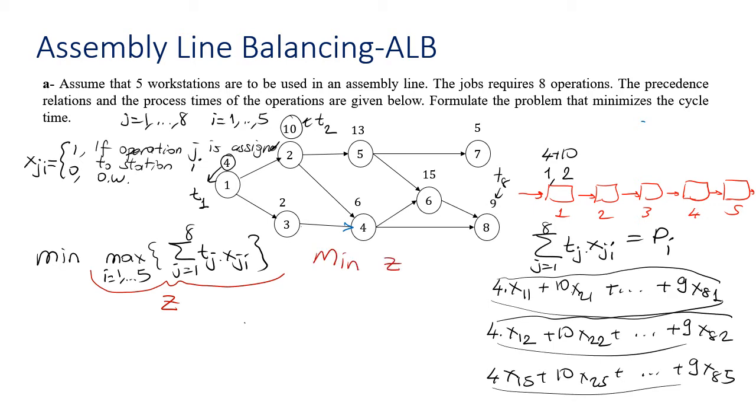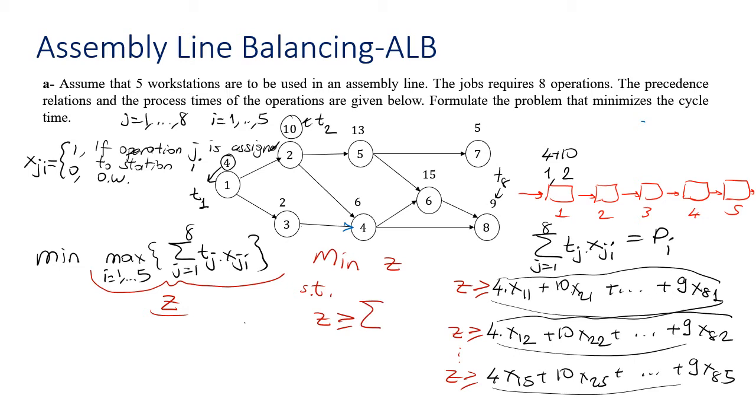And then we write the constraints subject to: if z is the maximum of these, it means that z should be greater than or equal to each one of them. So actually my constraints are like this. Z should be greater than or equal to the first processing time, the second processing time, up to the last processing time. I can write this in compact form.